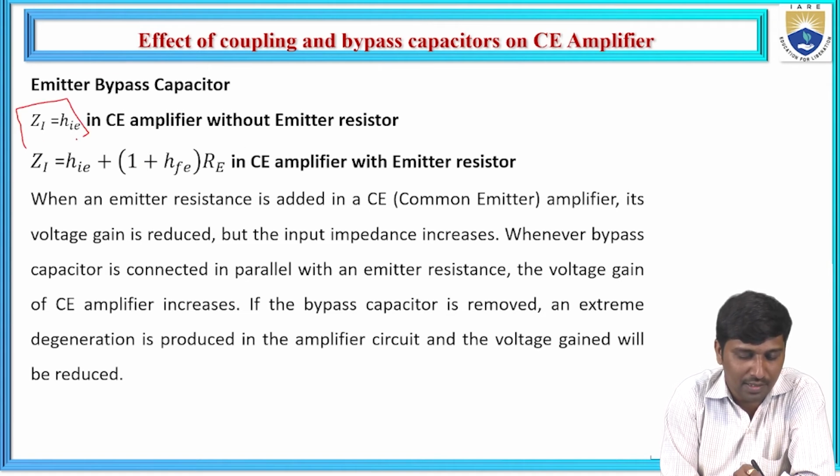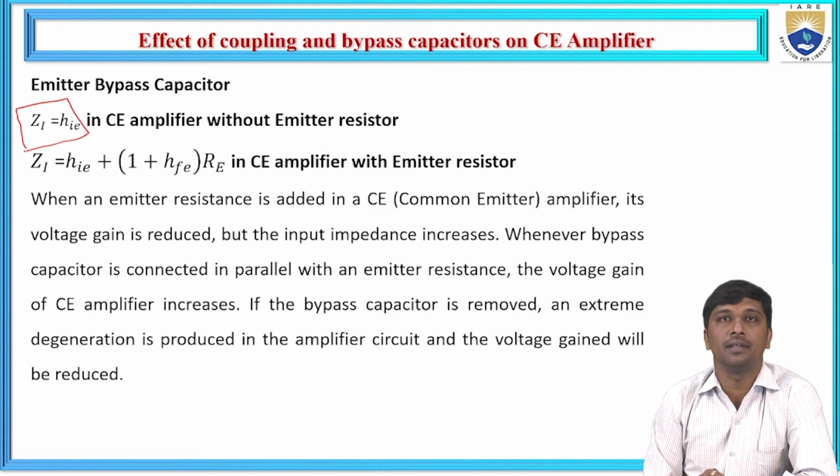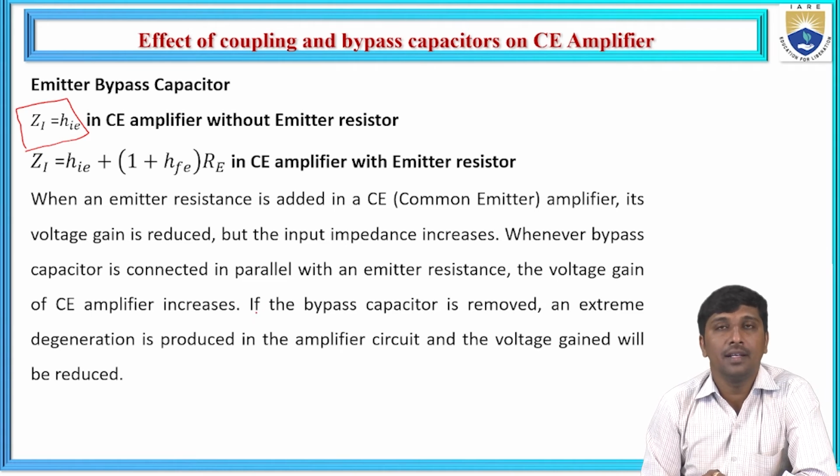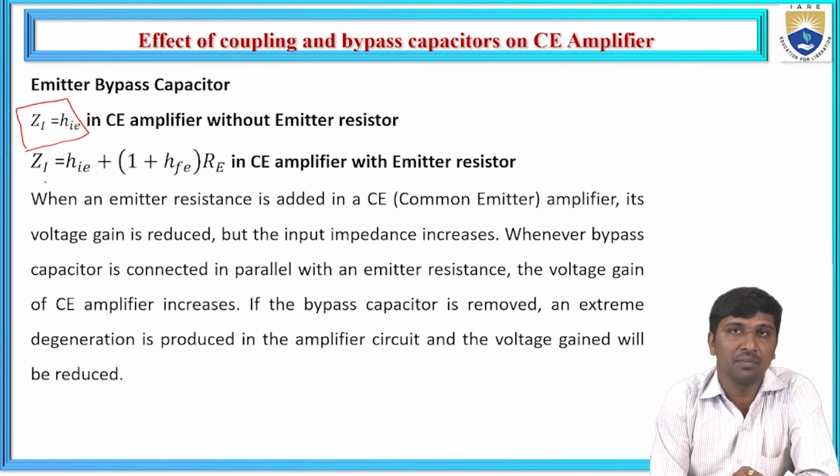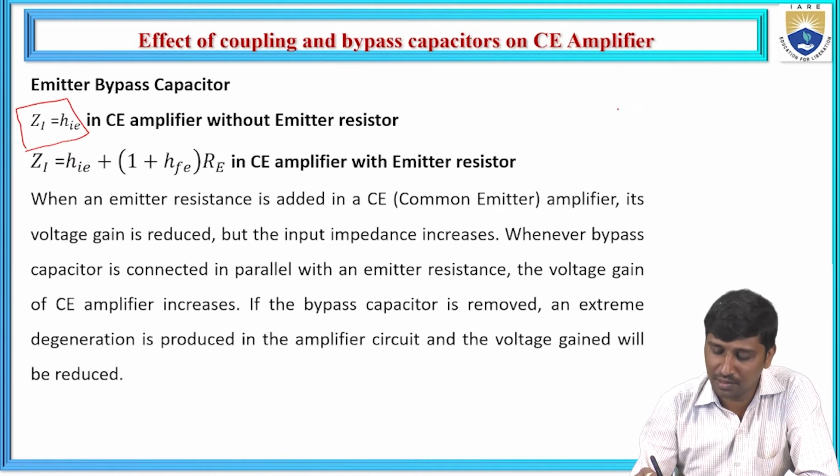The input impedance is only hie. Similarly, when we place the emitter resistance across the emitter terminal, the total input impedance increases, that is, hie plus (1 plus hfe) times RE.